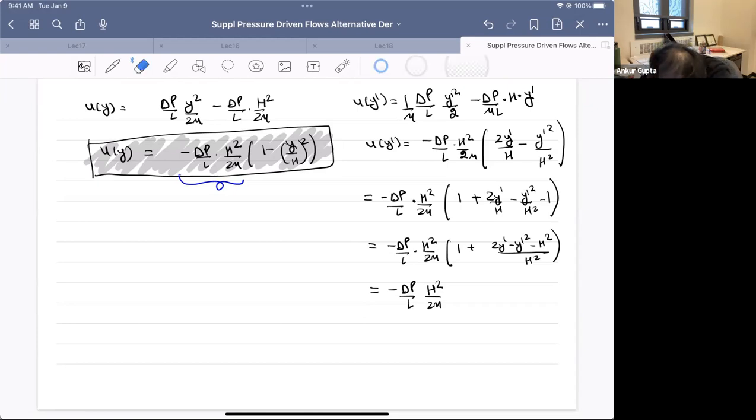I hope some of you can see this second term here. This is 1 minus y prime minus h whole square by h square. So it's y prime square plus h square minus 2y prime times h. By the way, I forgot an h here. y prime minus h whole square.